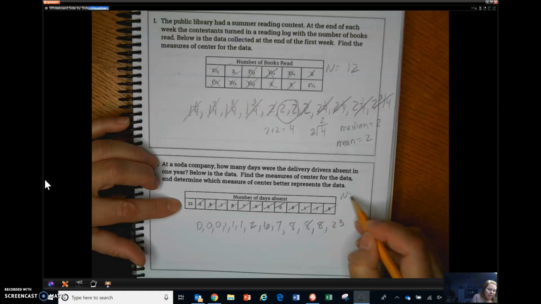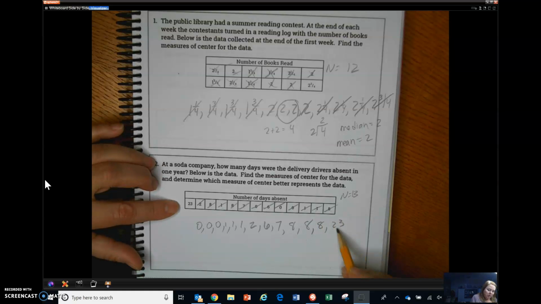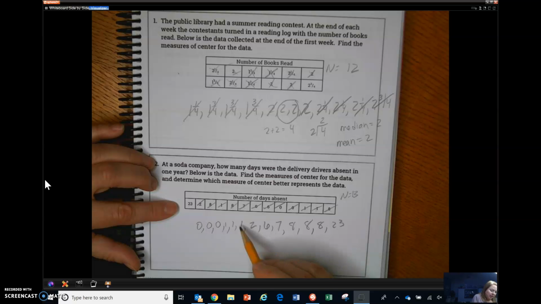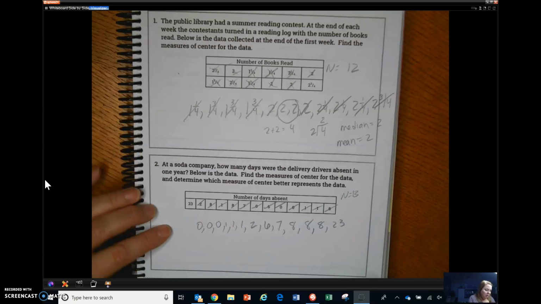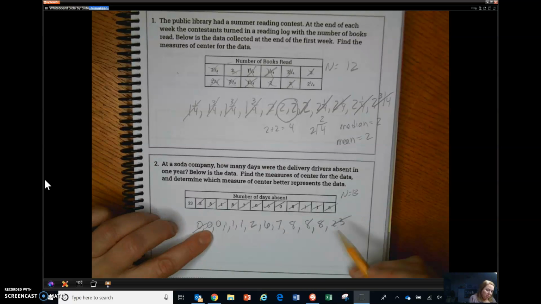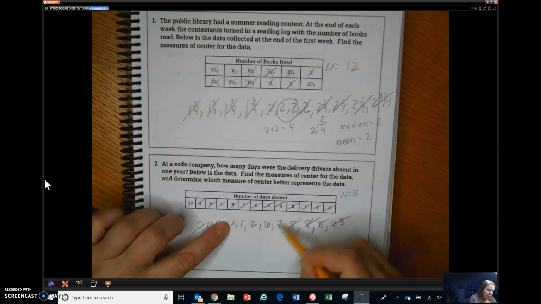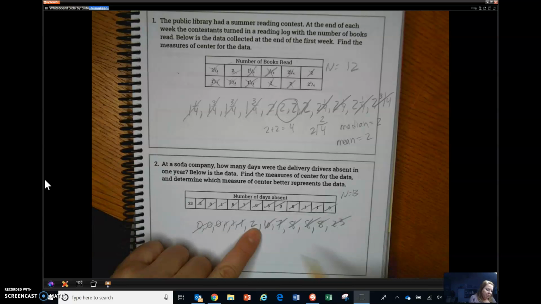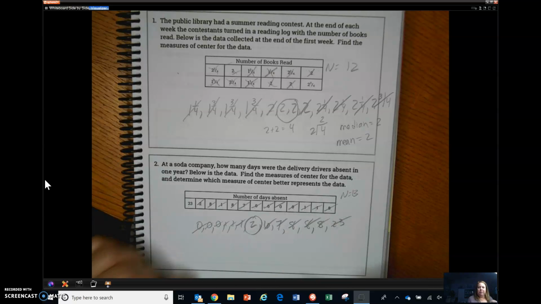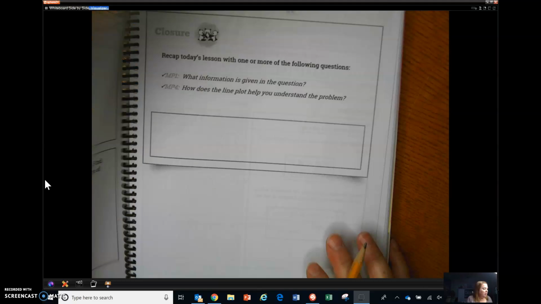I should have 13 for mine. Yay. Small, big, small, big, small, big, small, big, small, big, small, big. It's an odd number. My answer is 2 again. All right, moving right along.